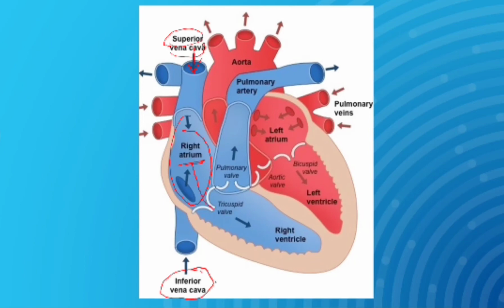From here it is passed on to the right ventricle through the tricuspid valve. Once the blood is in the right ventricle, it is pushed to the lungs through the pulmonary artery, which is guarded by the pulmonary valve.